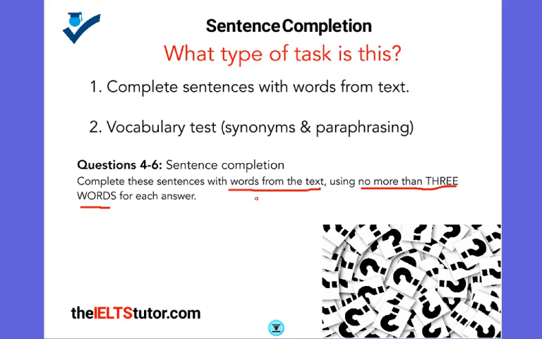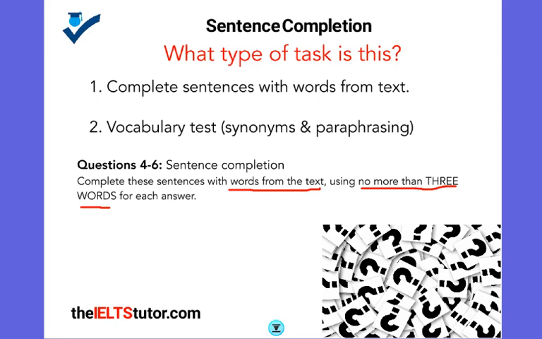So try not to use your own words. Use the words from the text as clearly stated in the test paper question. Okay, so don't try to be adventurous. Even if your vocabulary is fantastic and you want to show it off, this is not the time or the place to do so. So 2 things you have to remember: words from the text as well as word limit. No more than 3 words, not 4, not 5, but 3 words for each answer.